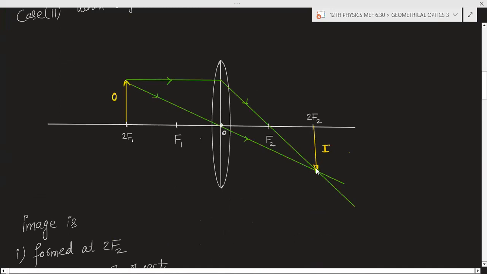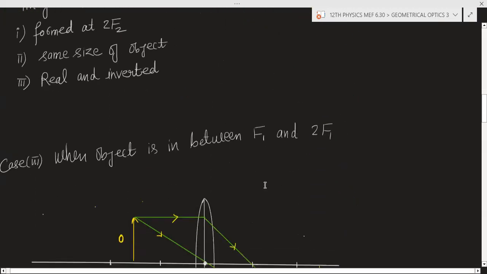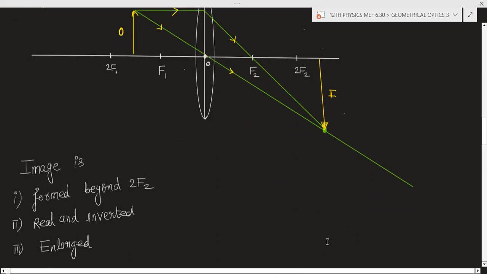Again the image is inverted, but now the image is formed at 2F2. Again you shift the object towards the lens, between 2F1 and F1, and the image is shifted here. Again you are getting an inverted image.